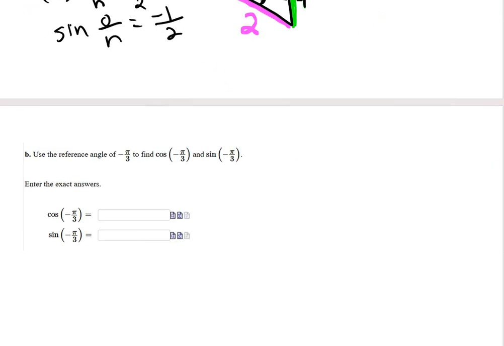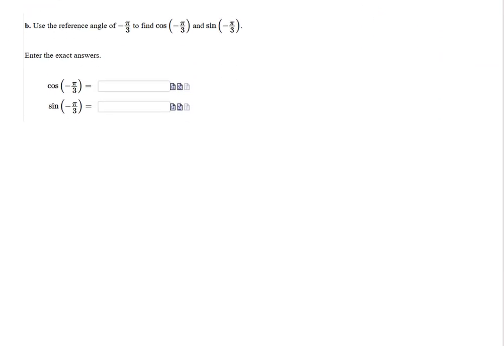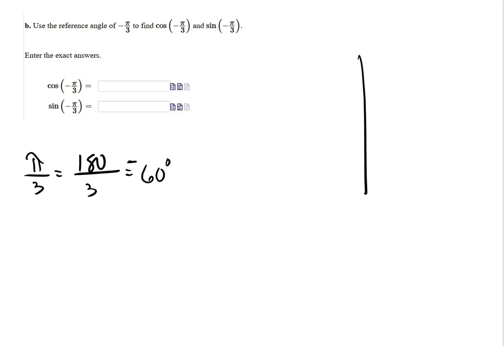Part B is down here. Now this is negative pi over 3. Remember, if you have pi over 3, you're looking at 180 over 3, which is a 60-degree angle. But this is negative 60 degrees. So when you're doing negative, you're rotating this way, right?